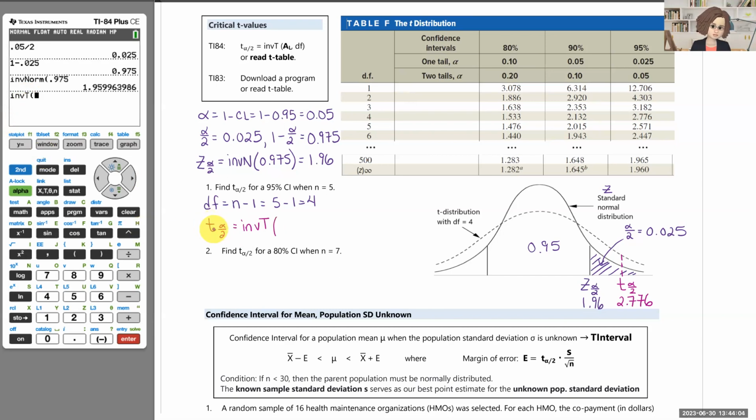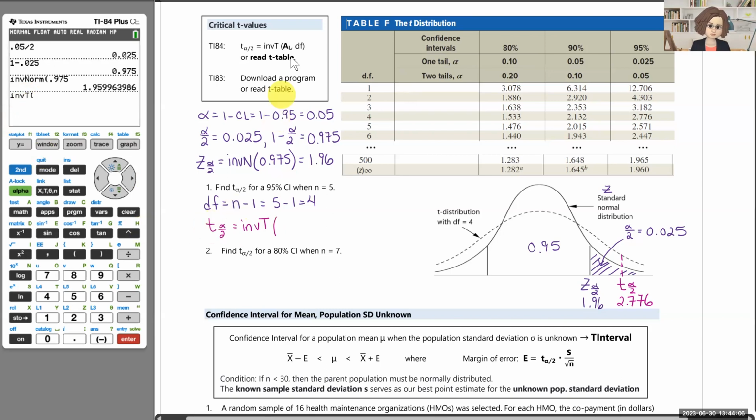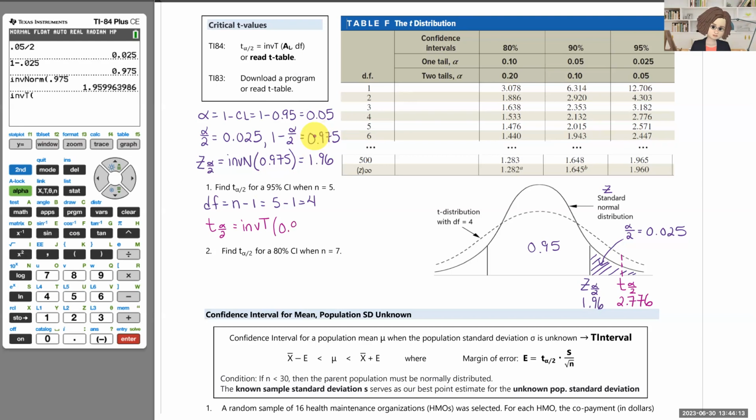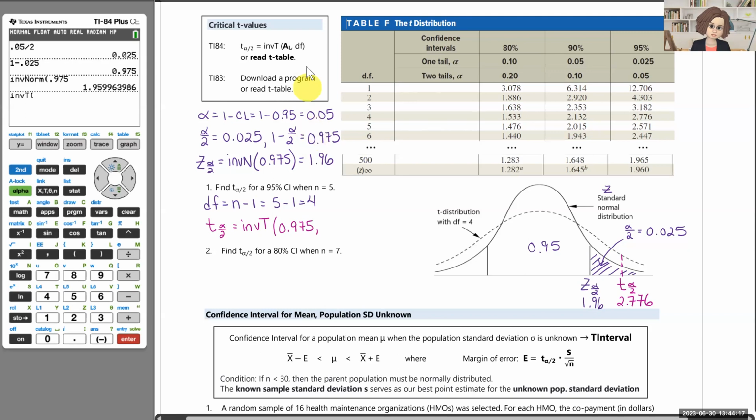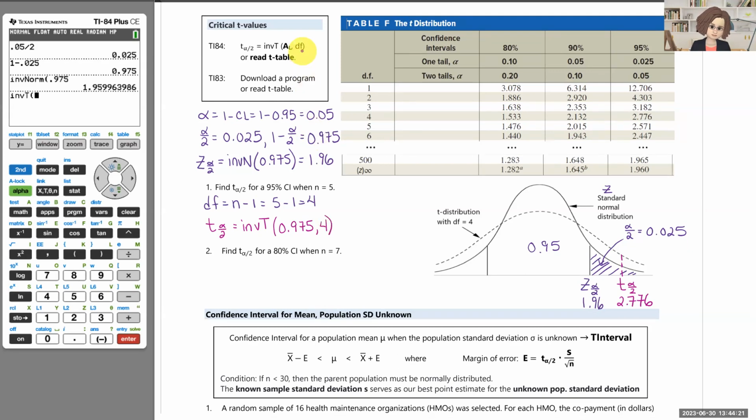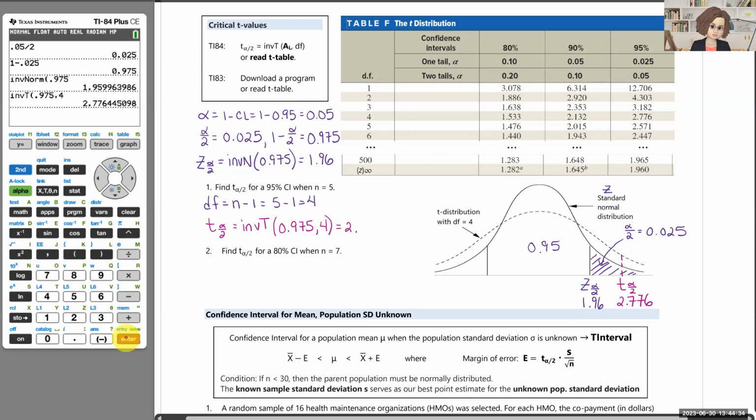And then we have to tell the calculator the area to the left, which is our 0.975, or 1 minus alpha over 2, and then comma. Now we also have to tell the calculator the degrees of freedom. All right, so you're welcome to do it this way if inverse t is available to you, and that will give you the same value. And we just round to 3 places to match our table. So 2.776.